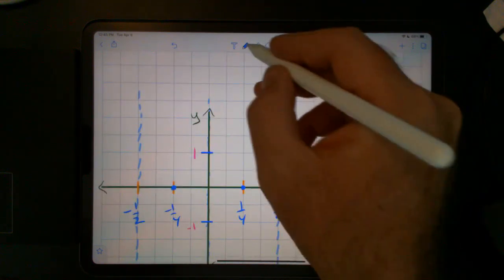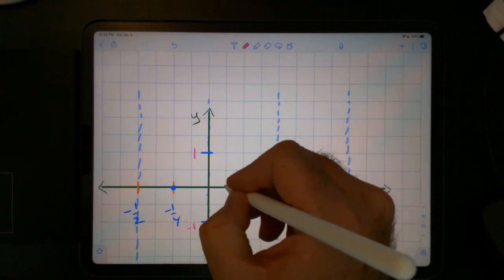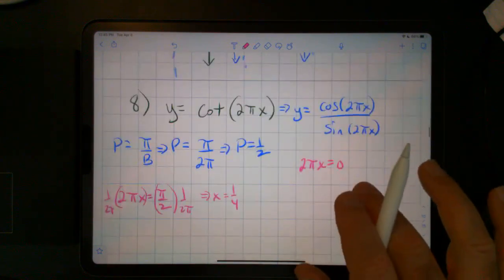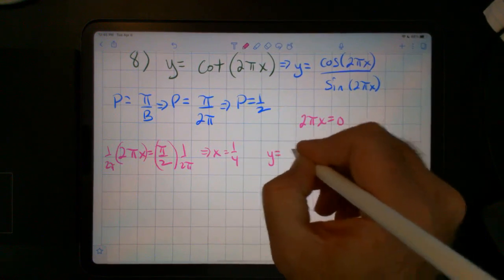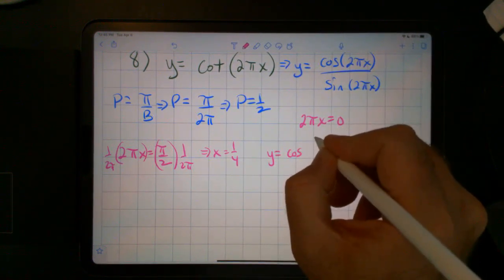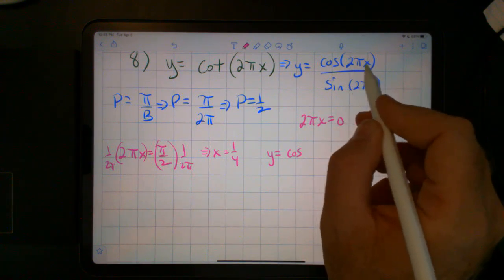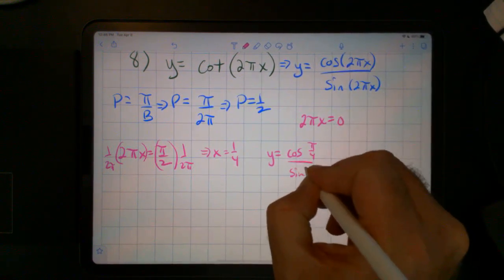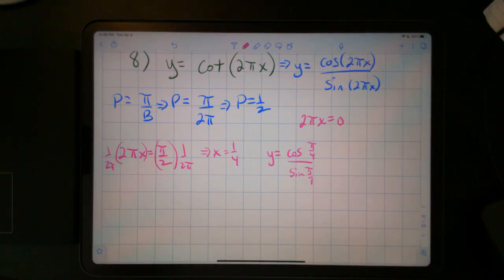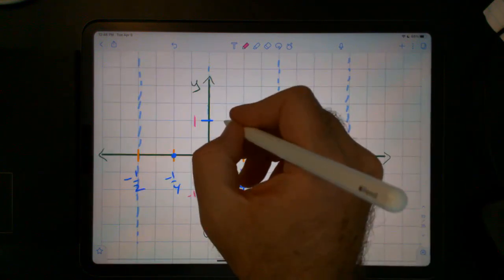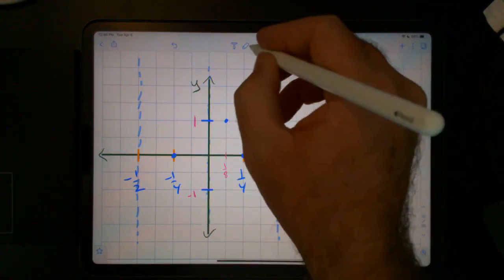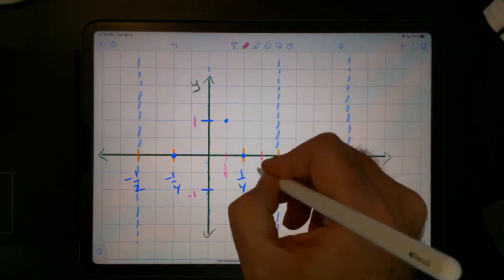How about at the 1/8 mark? At the 1/8 mark, what are we doing? 1/8 times 2 is 1/4, so it's cosine of pi over 4, which gives a positive 1. How about at the 3/8 mark?